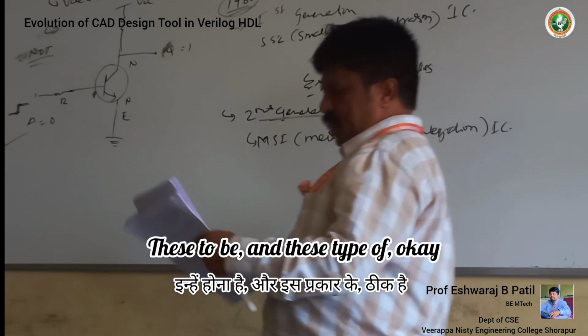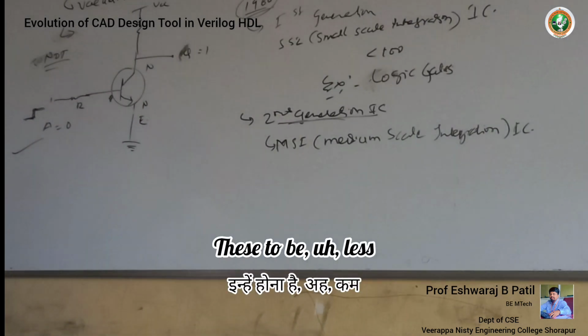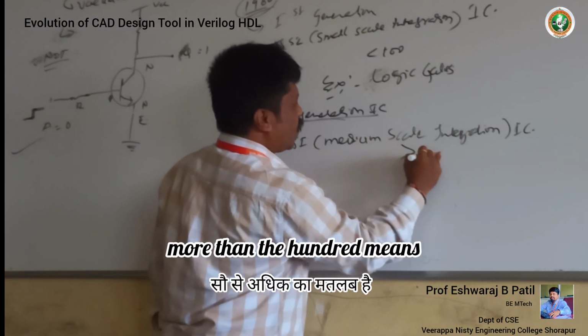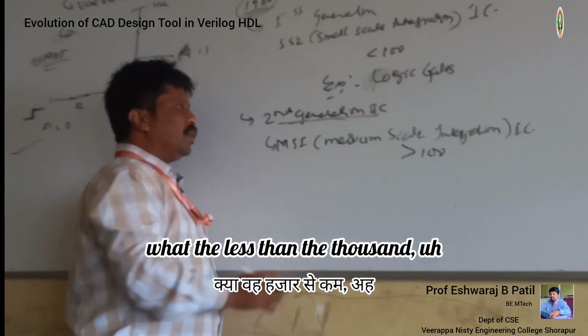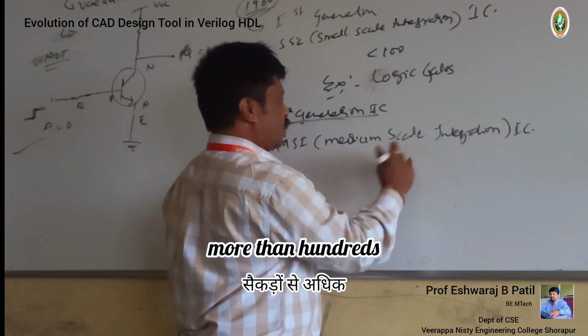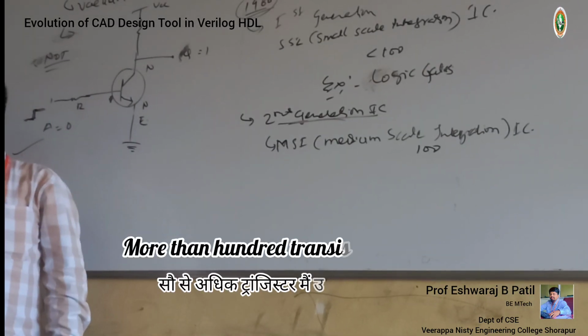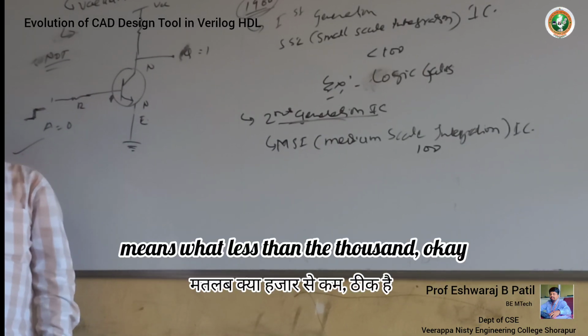Here we will be using more than 100 transistors, meaning more than 100 and less than 1000 transistors.